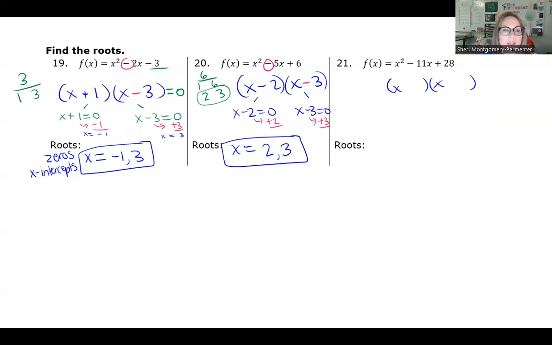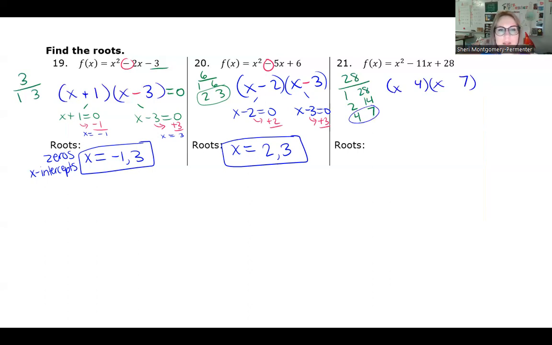And I need factors of 28. 1 and 28, 2 and 14, 4 and 7. So which factor pair can I put together to make 11? 4 and 7. Very good.